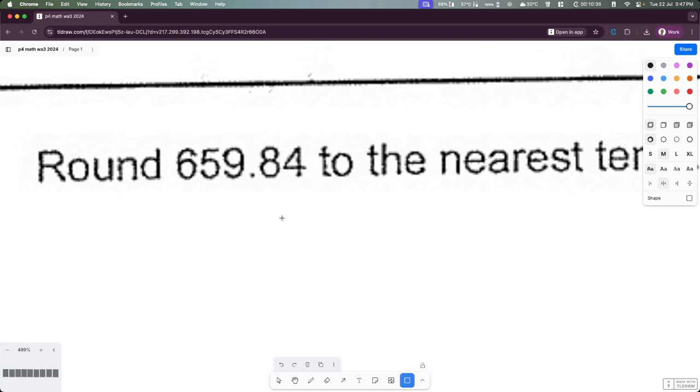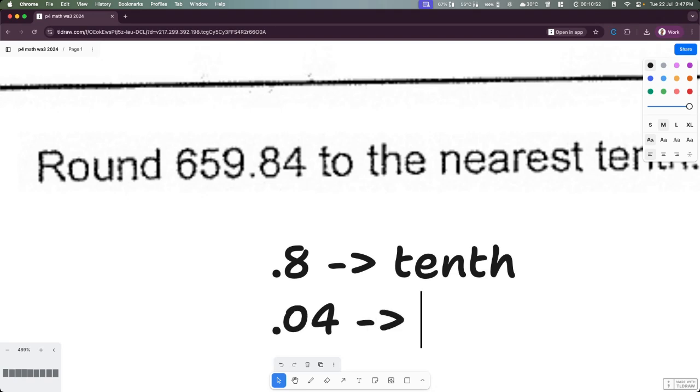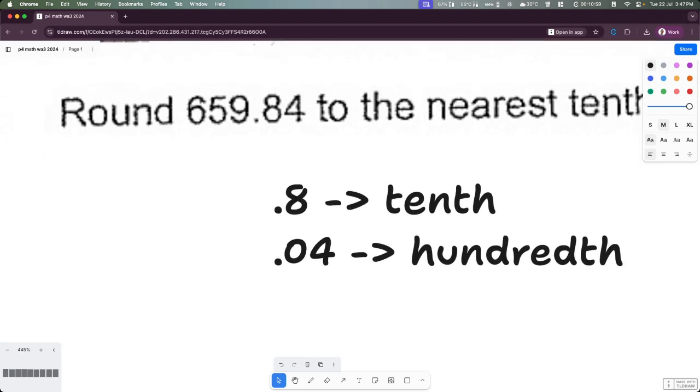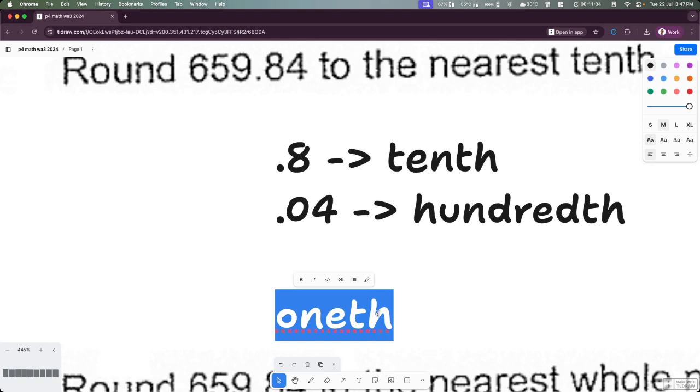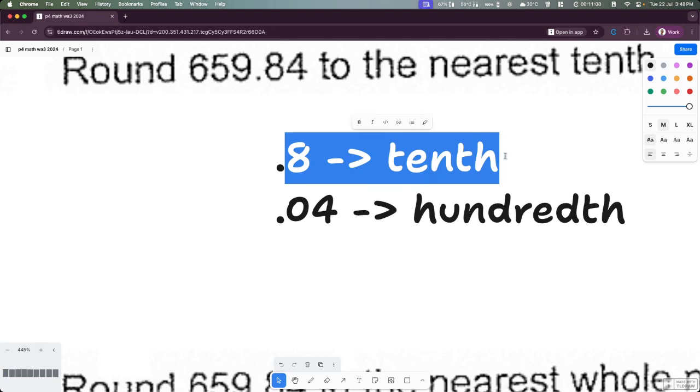If you remember from your decimal places, the 8 over here, 0.8, is your tenths place, and the 4, 0.04, is your hundredths place. There's no such thing as oneths. So we only know that the 8 is your tenths place.